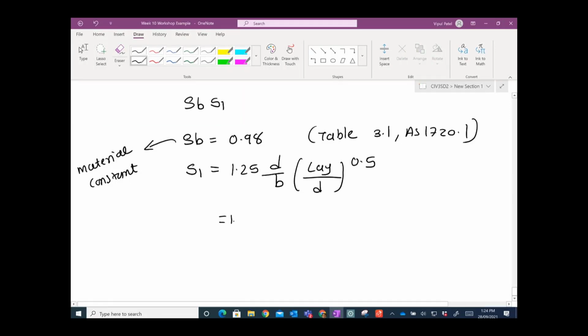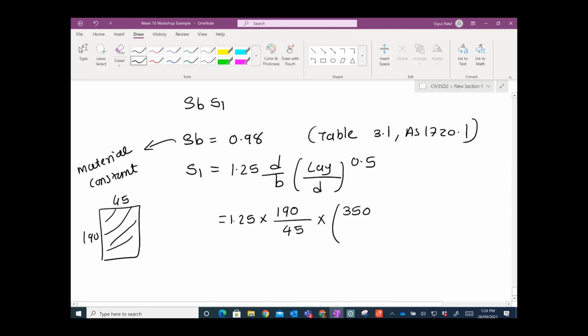so let's say 1.25 D is 190, because if you remember our section was 190 by 45. And then the effective length Lay was 3500, and that is to the power 0.5.